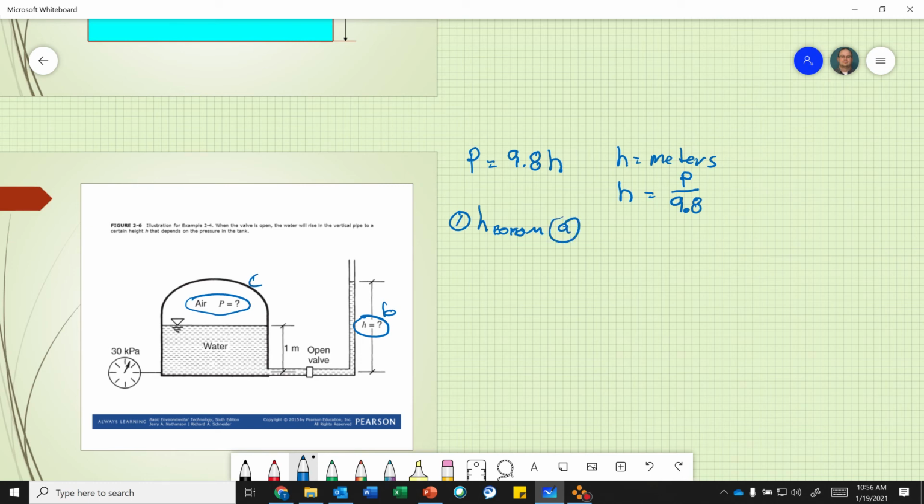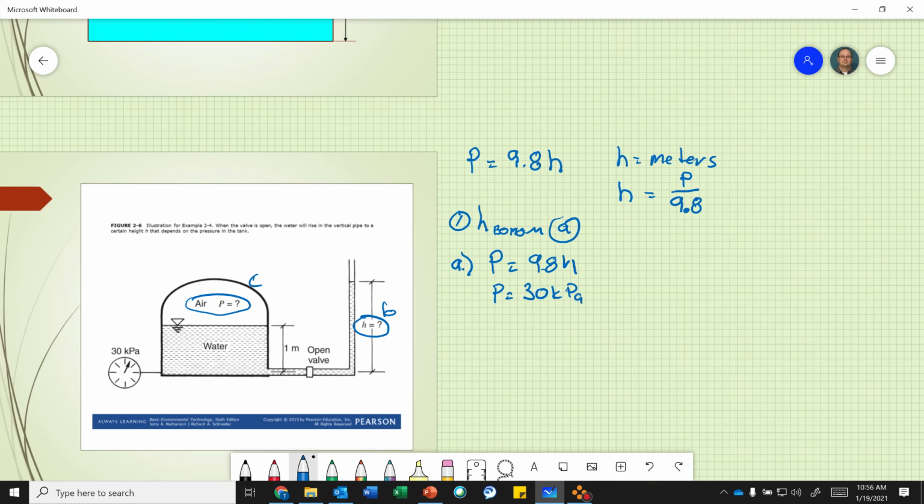All right. So, problem A. P equals 9.8 times H. We know P, the pressure at the bottom of the tank, is 30 kPa.